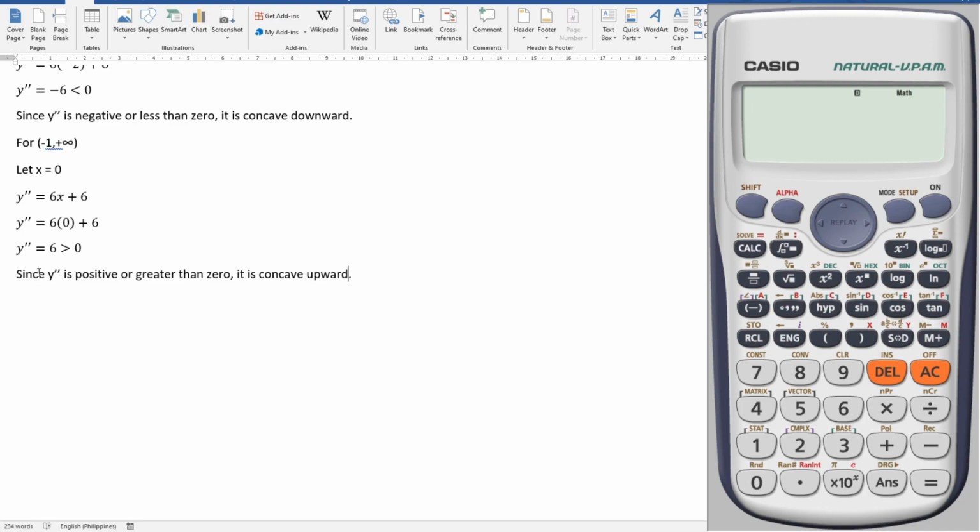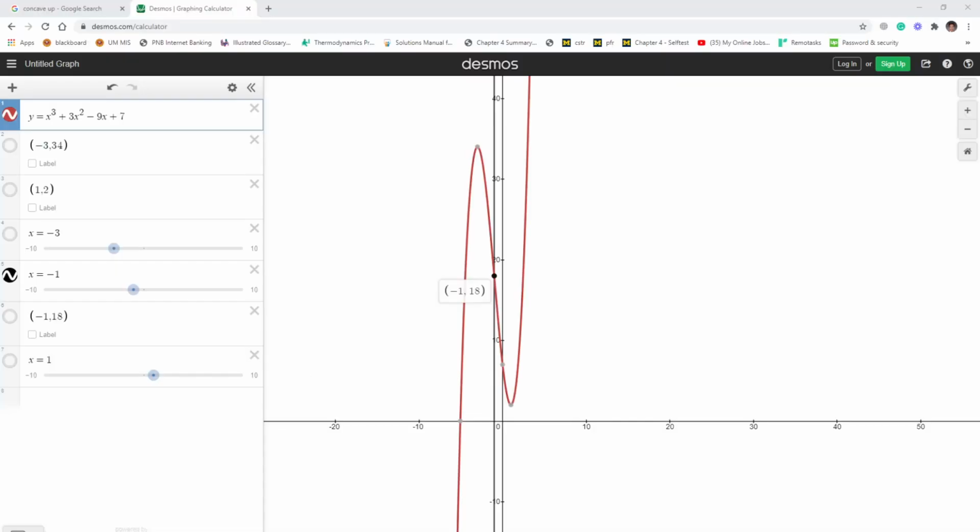So we have 6 is greater than 0. So since y double prime is positive or greater than 0, then it is concave upward. So makita nato diri sa graph, pag abot diri nag-start na siya og concave upward. Yes, mo ni ang tunga-tunga.